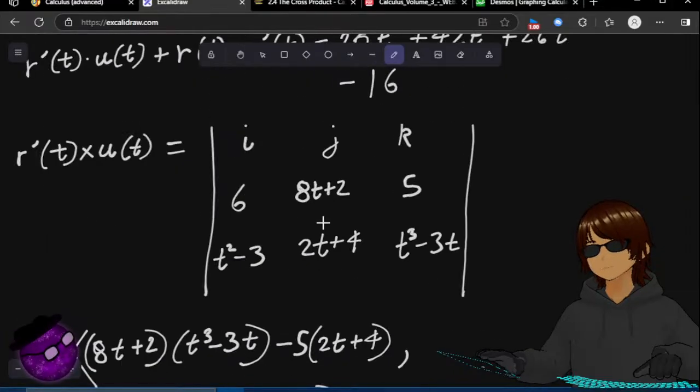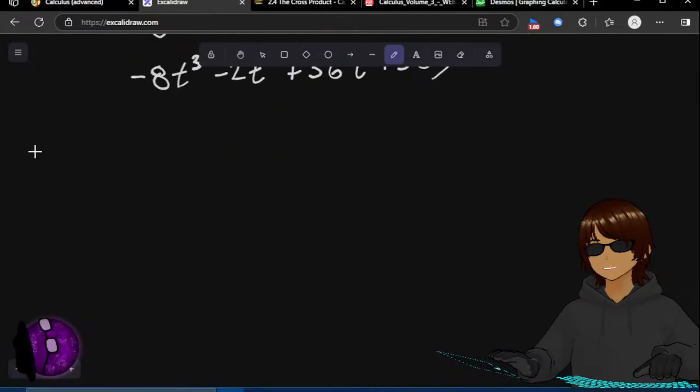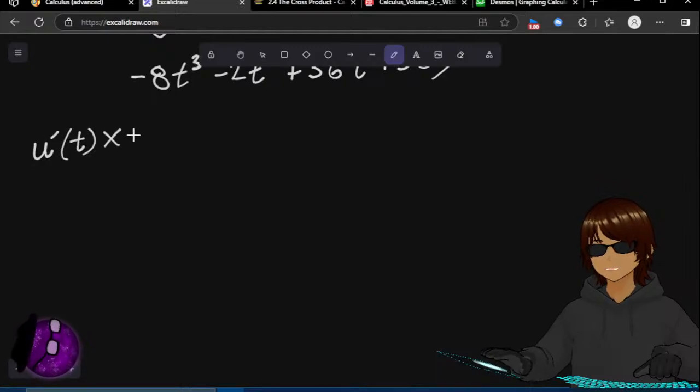And then now with the other one, you also need to calculate this cross product, this.